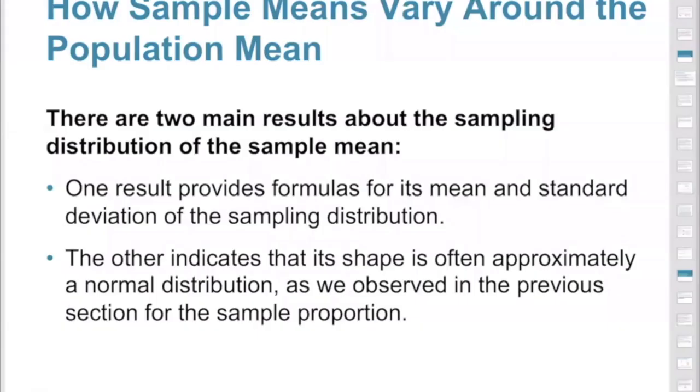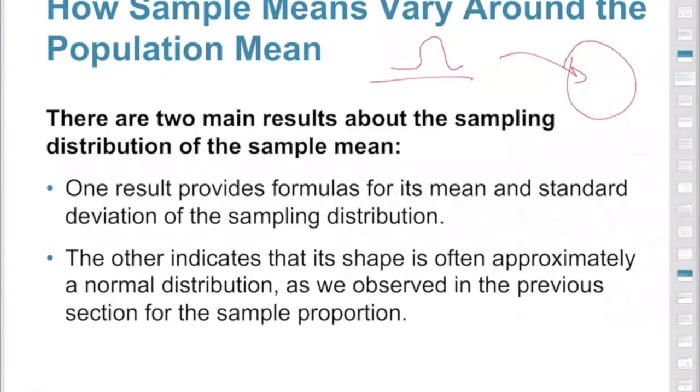Here we have two cases for the sample mean. If the population is normally distributed, which means the original population is normal, then directly the sampling distribution of the sample mean X bar is also normal. But what if we have a population that is not normally distributed? It's a different distribution, maybe skewed, or uniform, or whatever distribution.